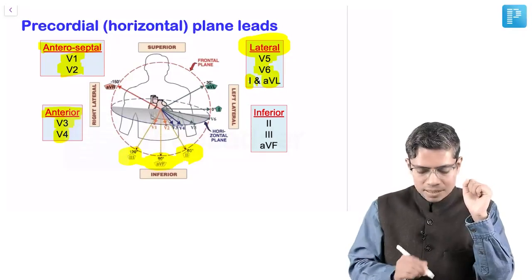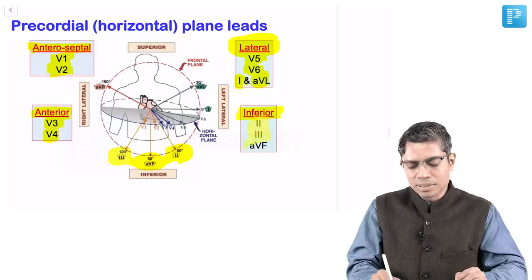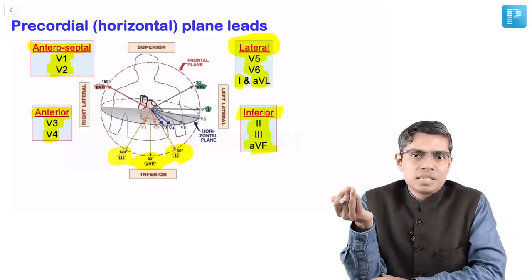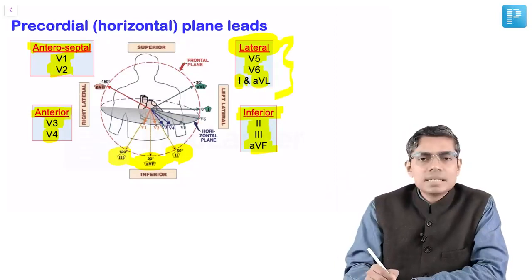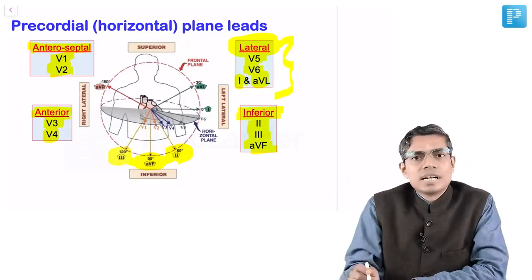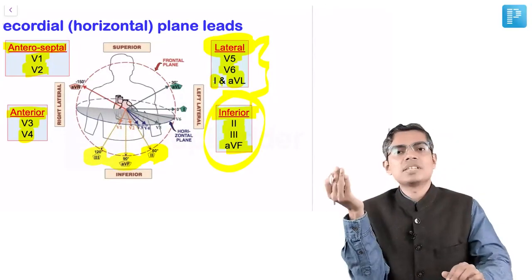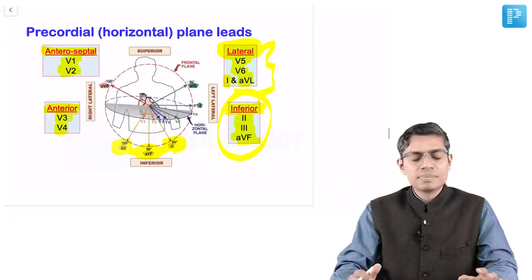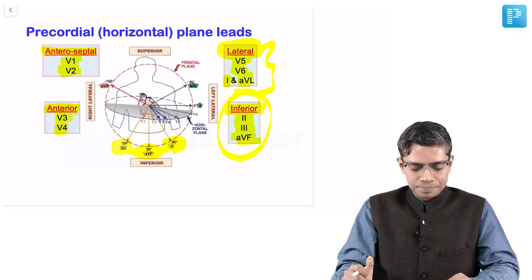So all these 3 leads are going to give you information on the inferior wall of the ventricle. Any kind of changes, suppose ST elevation or ST depression, if you are getting them in the lateral leads, that indicates the lateral wall of the ventricle is damaged. If you are getting changes here, then the inferior wall is damaged. So this way you have to remember the different leads and different walls of the heart, right?